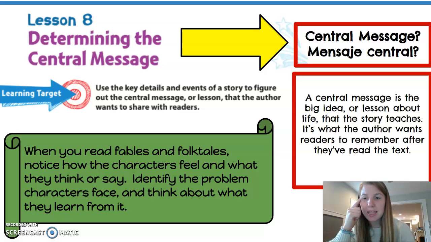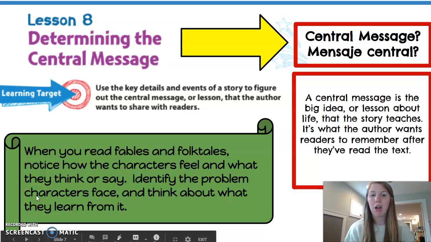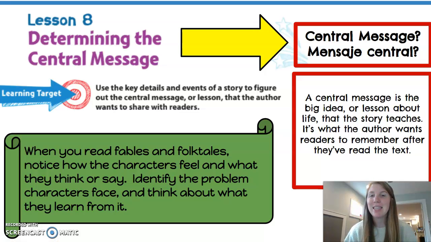Now, one big thing that we have to remember when saying the central message of a story is that it needs to apply to all people. So let's think back to our Boy Who Cried Wolf. And what's a lesson that the boy learned that can apply to everyone in life?